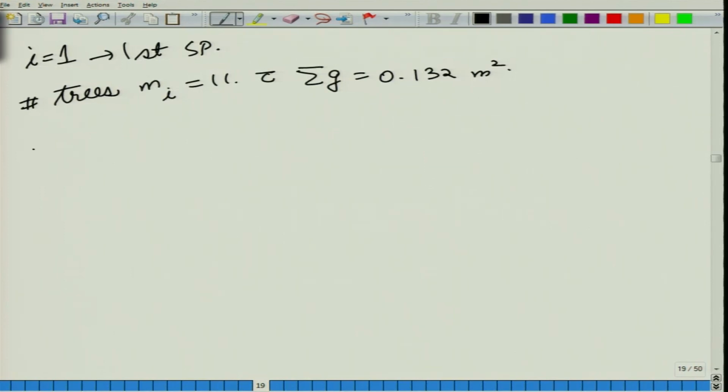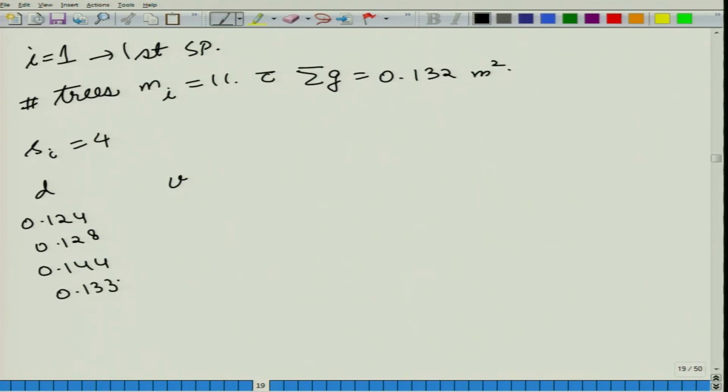Out of these you took 4 trees in your sub-sample plot. For those 4 trees you have the diameter values 0.124, 0.128, 0.144, 0.133, and the volumes are 0.15, 0.13, 0.16, 0.11. That is something that has been given to you, for each individual tree in the sub-sample plot.